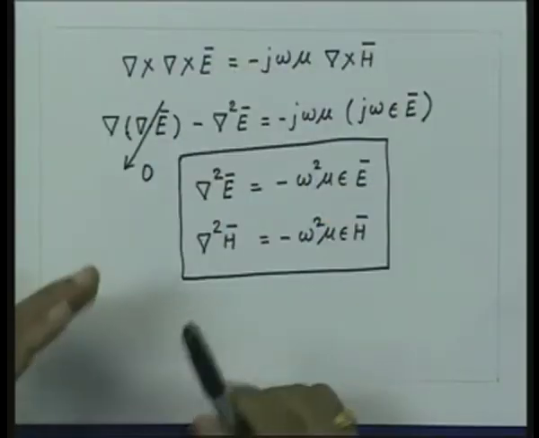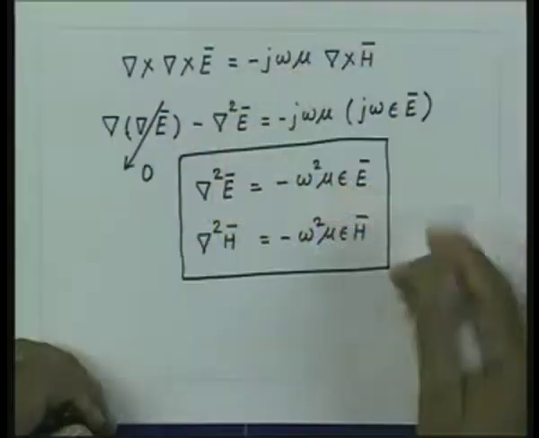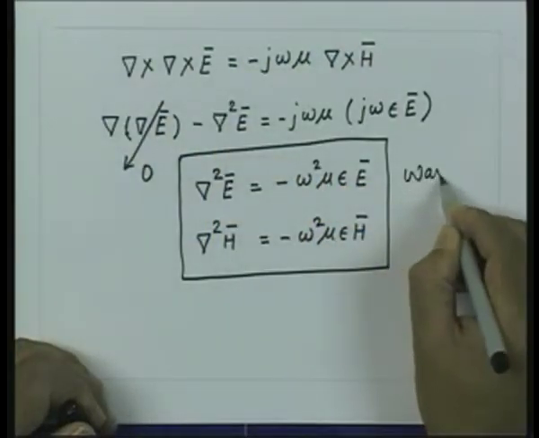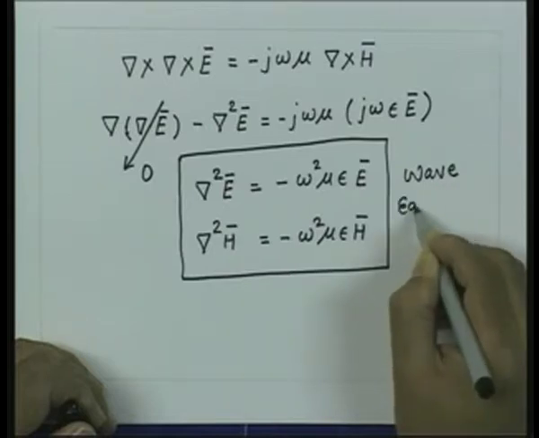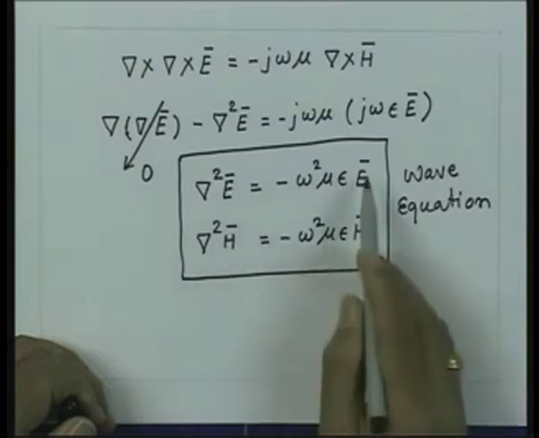Recalling that we had a similar equation for the transmission line, a solution of that equation physically used to represent a wave kind of phenomenon. These are the generalized form of the wave equations. So, this is the wave equation in 3-dimensional space.